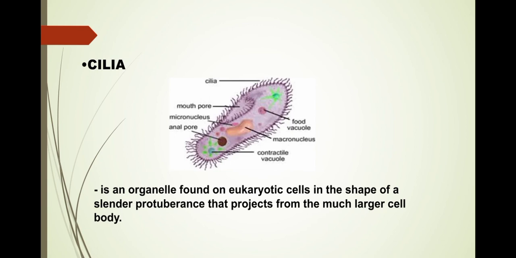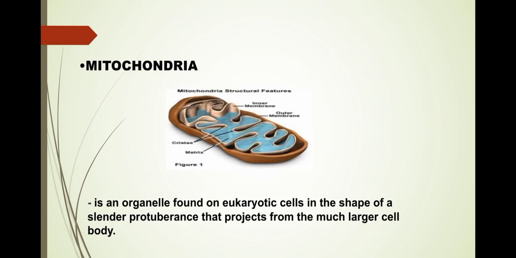Next one is cilia. Cilia is an organelle found on eukaryotic cells in the shape of a slender protuberance that projects from the much larger cell body. The next one is the mitochondria. Mitochondria is an organelle found on eukaryotic cells in the shape of a slender protuberance that projects from the much larger cell body.